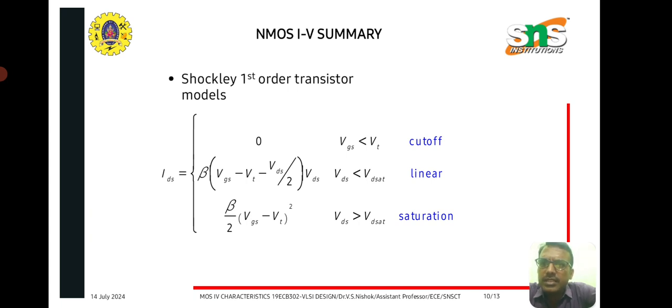Similarly, in the saturation region we have IDS equal to beta by 2 into VGS minus VT the whole square. So this is the final equation for current in the ideal condition of a MOSFET.